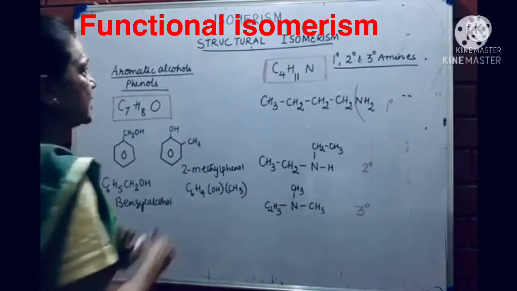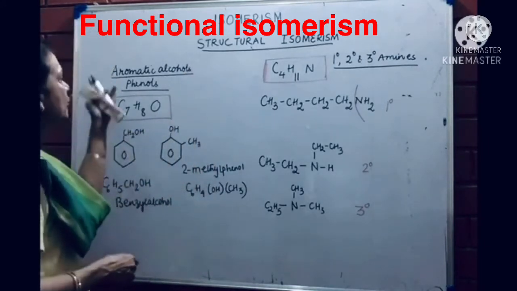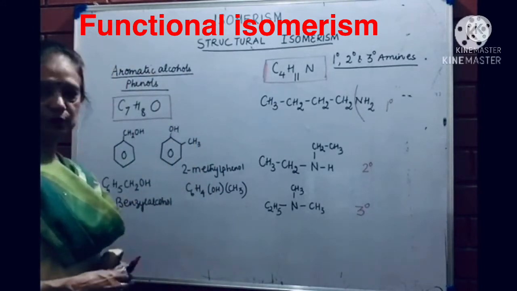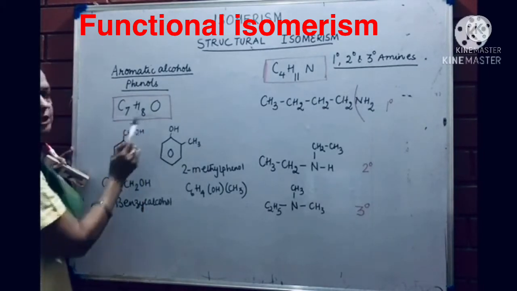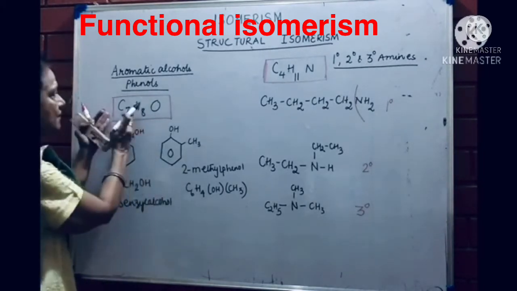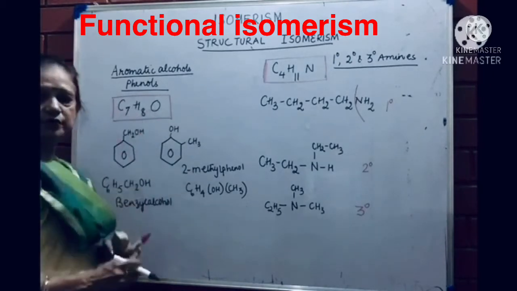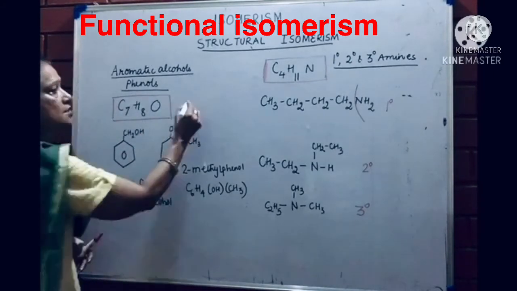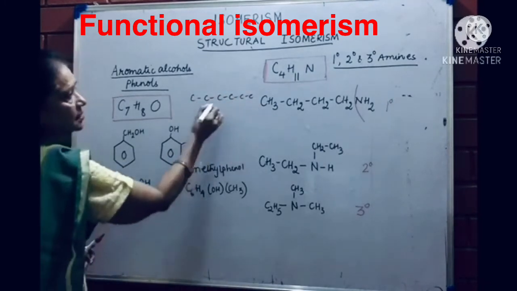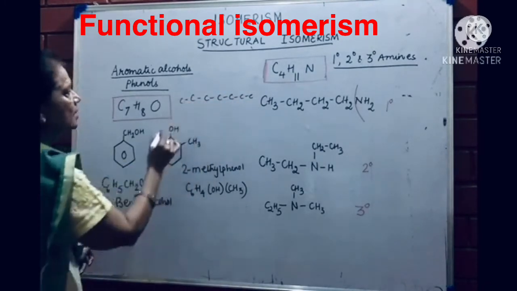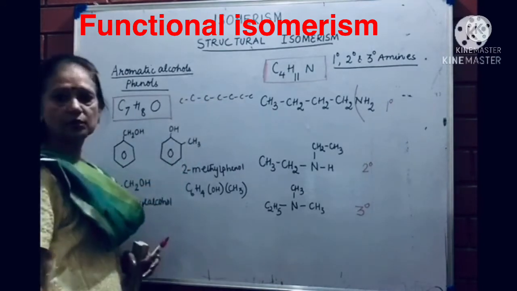Now look at the next pair, which is called aromatic alcohols and phenols. When you are given a molecular formula like C7H8O, in which the number of carbon atoms is very large and the number of hydrogen atoms is very small. If I want to make 7 carbon atoms in a chain like this, 6 and 1, 7, with 8 hydrogen atoms I cannot complete it.